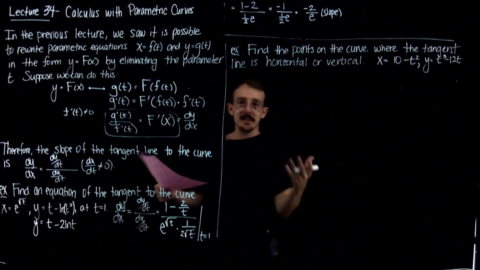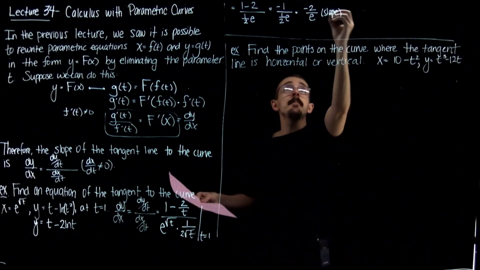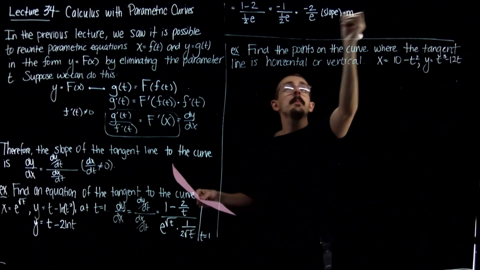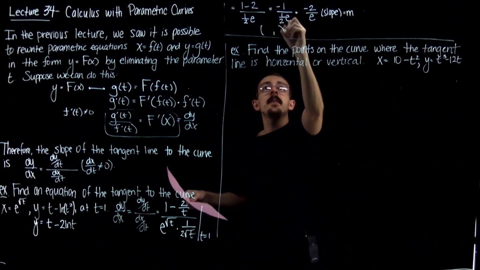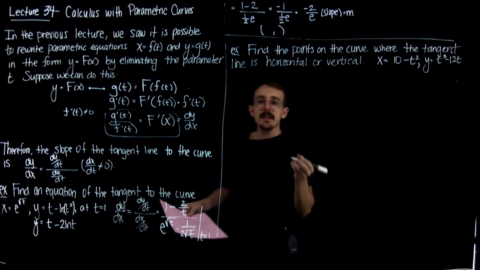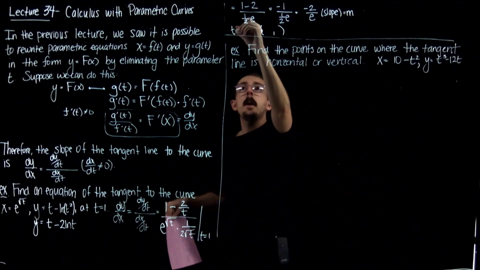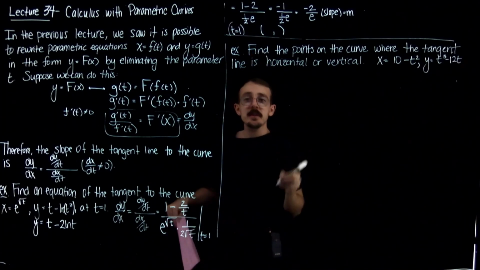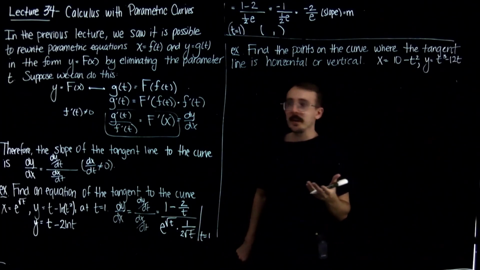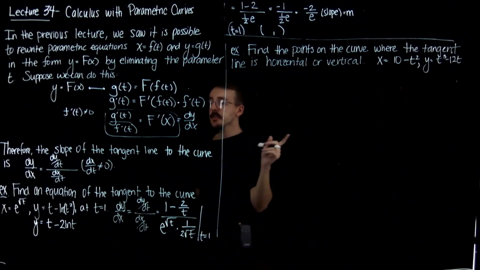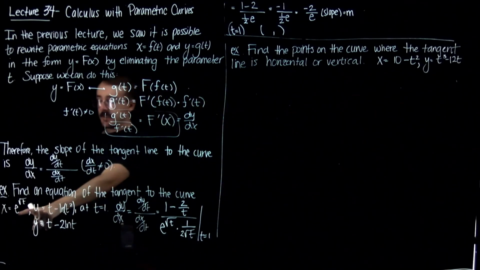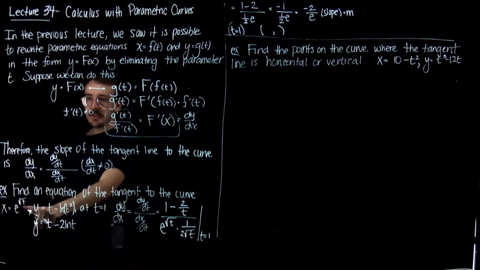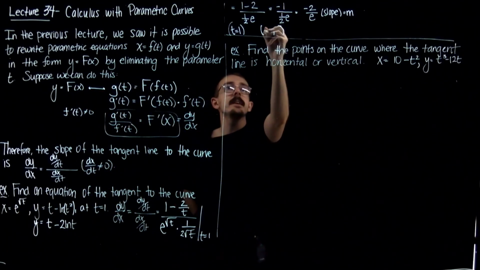Now, to do the equation of the tangent line, we need the slope. This is m. But also, we need an xy coordinate. So what I need to do is plug in t equals 1 into the original equation, and then I can find the xy coordinate. For x, if I plug in 1 for t, I get e to the 1, which is e.